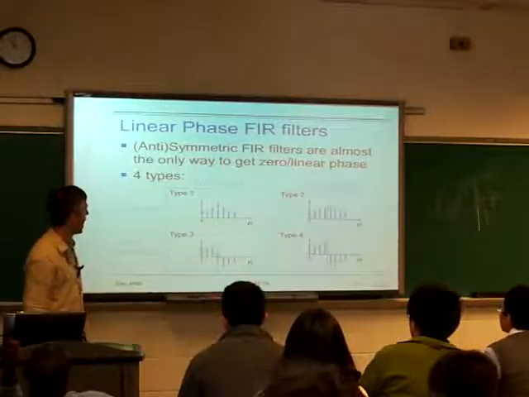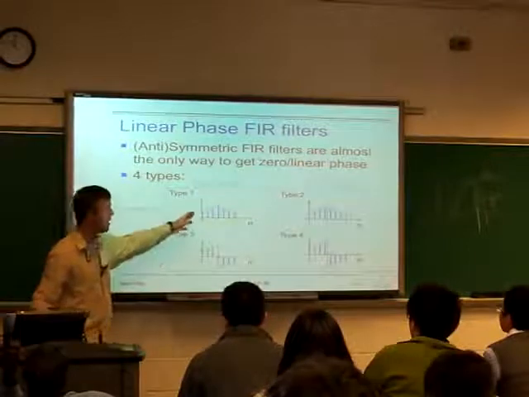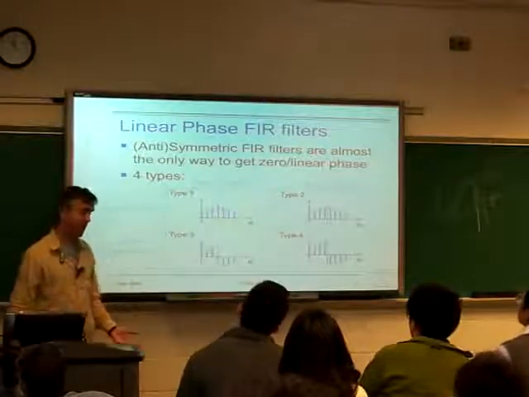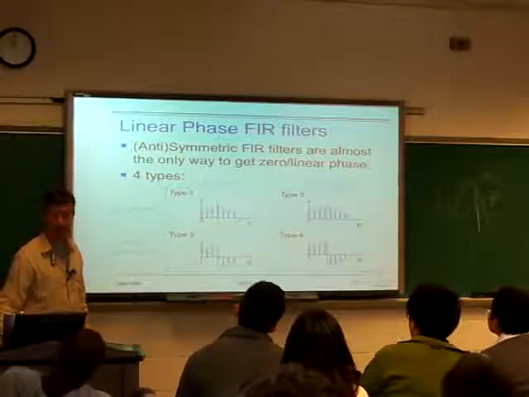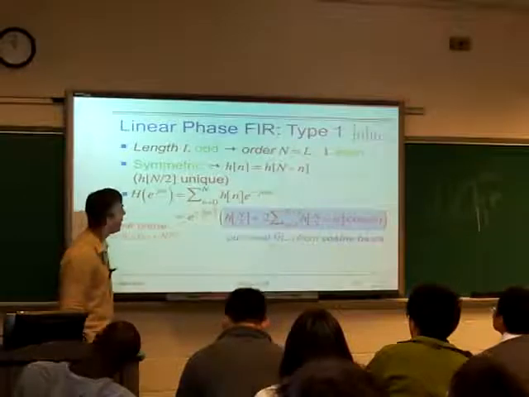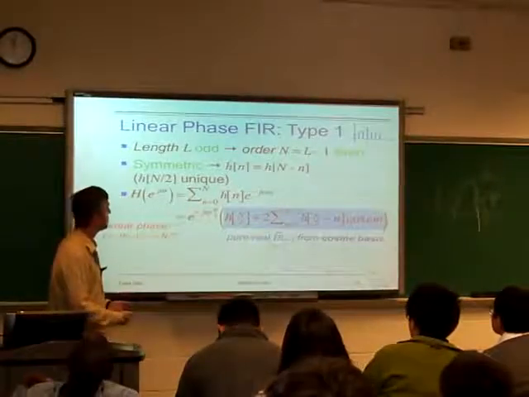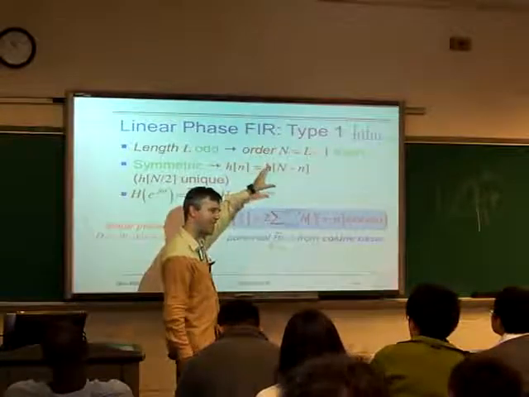So let's look at the properties of one of these. Of course, if I specify an impulse response, in particular if I put a constraint on it like symmetry, then I can work out what that means in terms of its Fourier transform. So type 1 filter: odd length, symmetric. If the length is odd, that means the order, which is 1 less than the length, right?